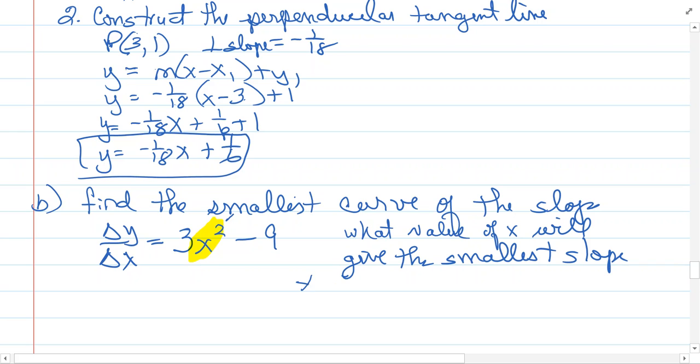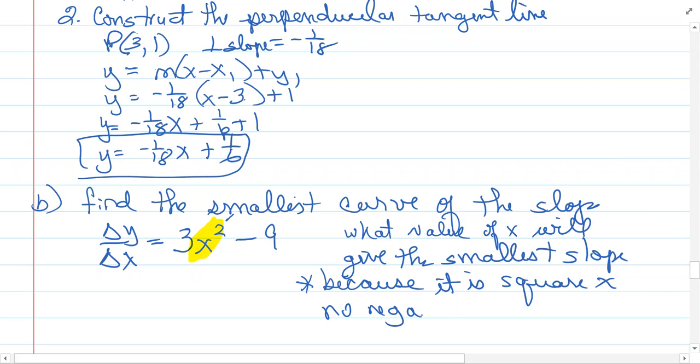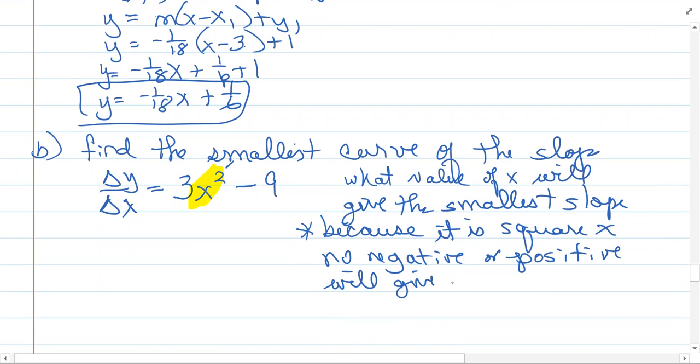Because it is squared, x, it's a squared x, no negative or positive will give us a value less than negative 9.